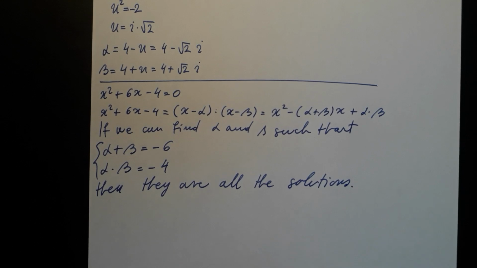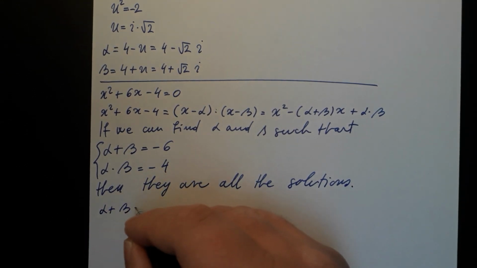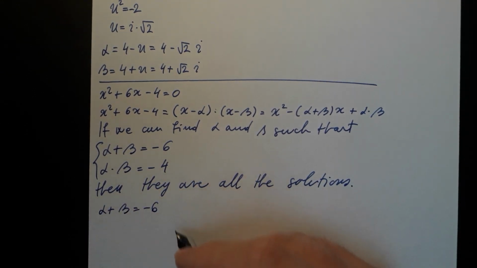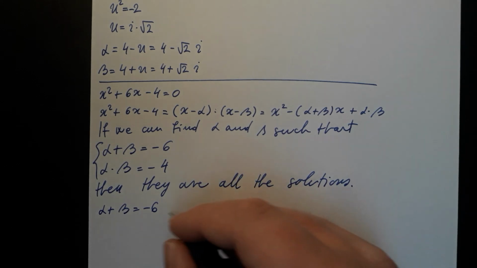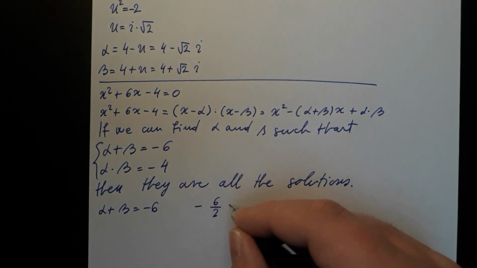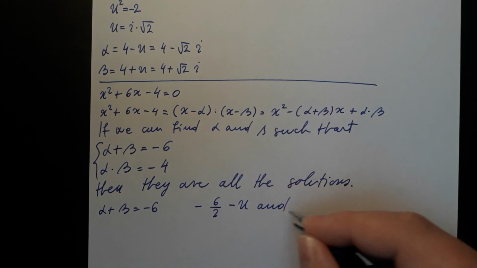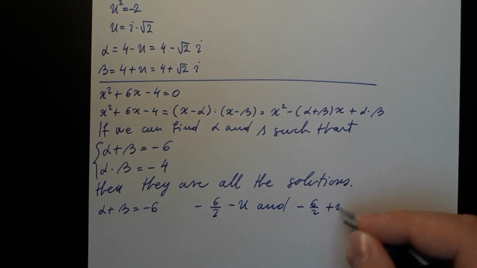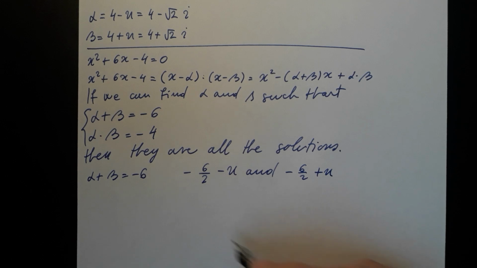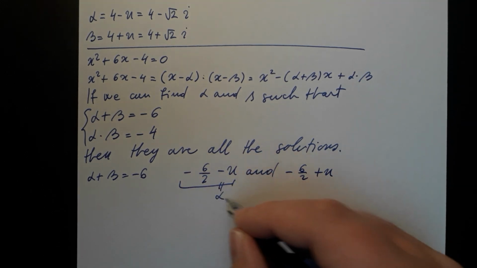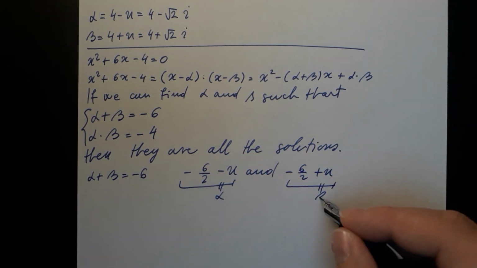So alpha plus beta is equal to -6. And I just need u such that -6/2 minus u and -6/2 plus u give the product. So this is going to be alpha and this is going to be beta.